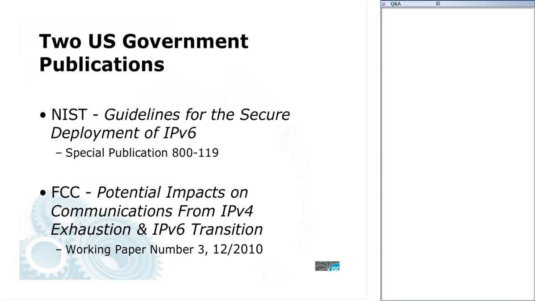There is a link to this, I believe, in the last two slides in the deck, which will be available, as Larissa said, online later. And then the second one is one that is produced by the FCC, which is Potential Impacts on Communications from IPv4 Exhaustion and IPv6 Transition. And this can be found by doing a search for FCC Working Paper number 3, dated December of 2010.